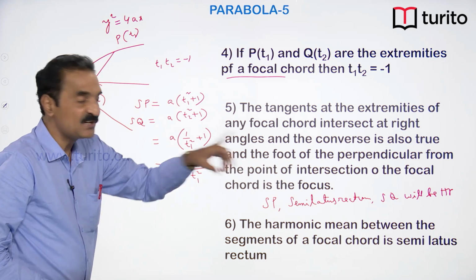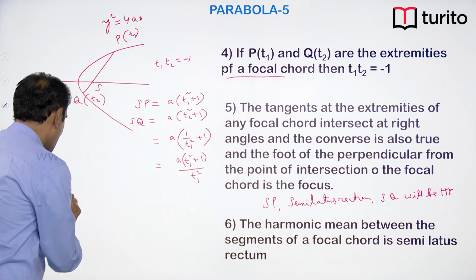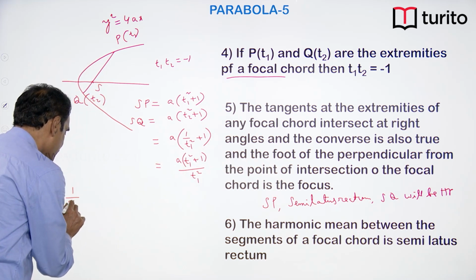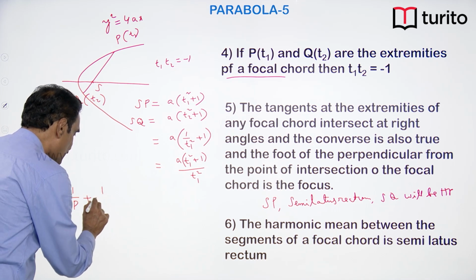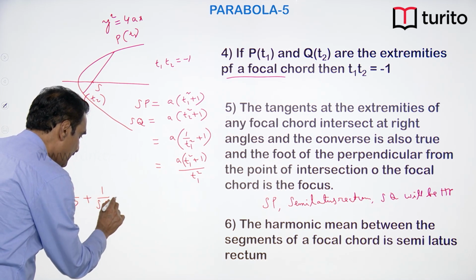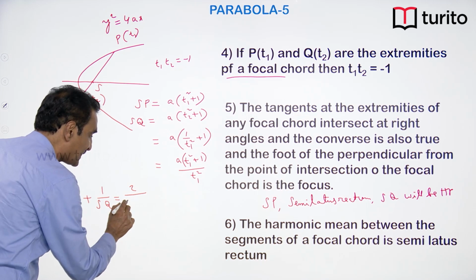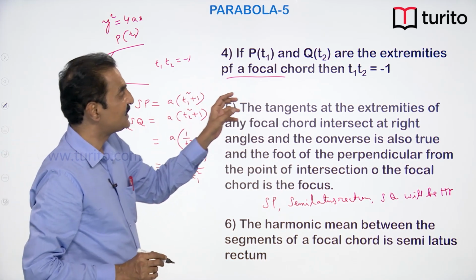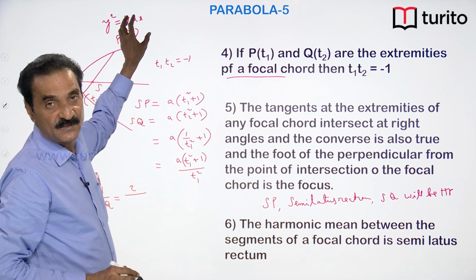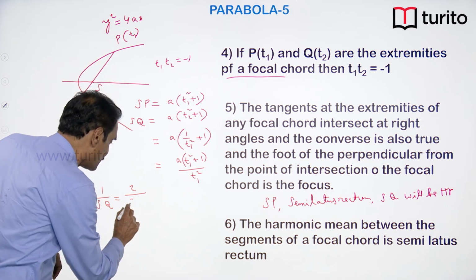Then what will be the relation between these three? 1 by SP plus 1 by SQ is equal to 2 by semi-latus rectum. What is the semi-latus rectum of this parabola? Latus rectum is 4a, semi-latus rectum is 2a.